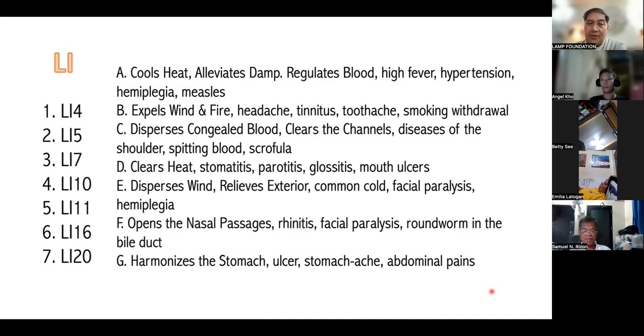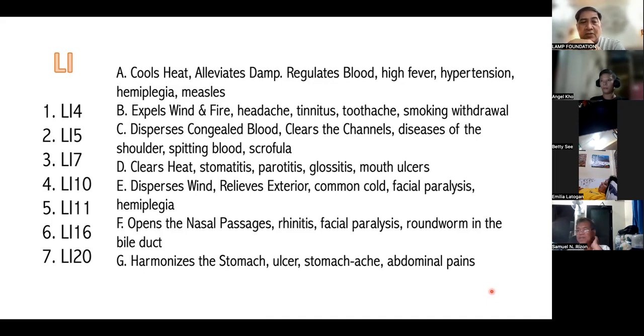Okay, next, number 6, LI16, classification. LI16 is for loop. No, connecting point of the large intestine. LI16. LI16 is a Yangming for large intestine meridian.